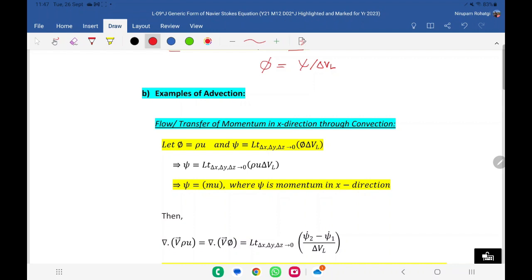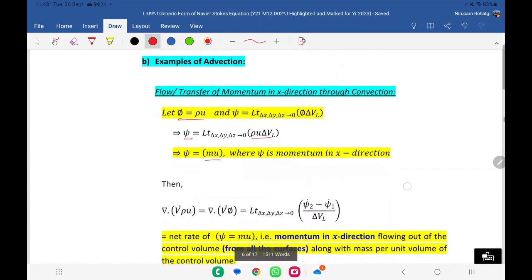If you are talking about phi as rho u, then psi will become rho u into delta V, that will become mu. Earlier our psi and phi were arbitrary, generic. Now your phi is rho u, so psi will be mu.